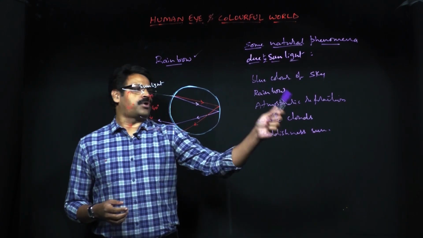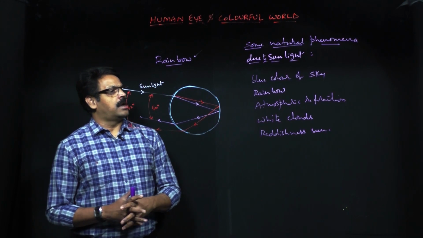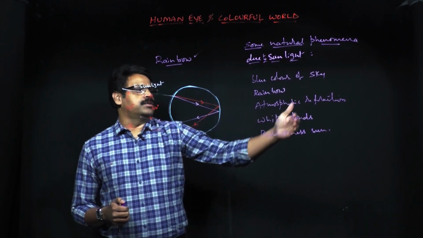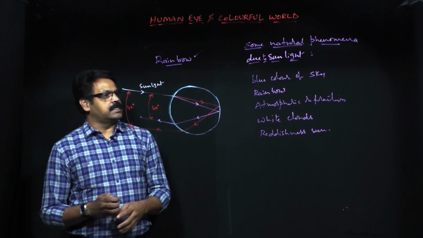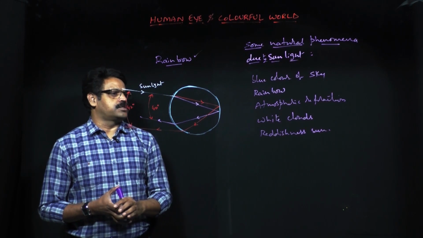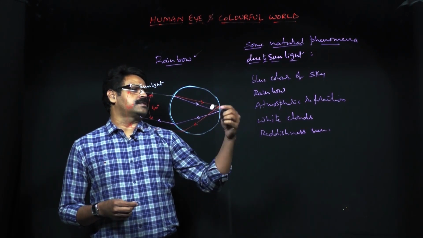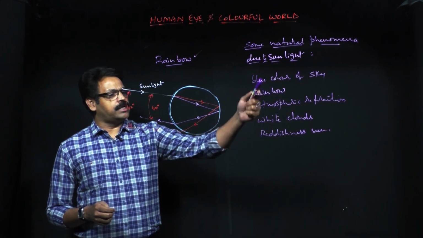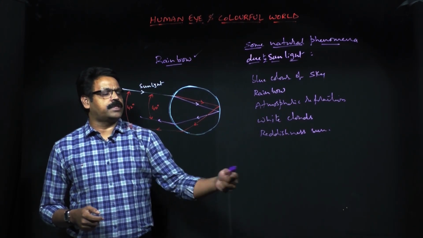The blue light has a shorter wavelength, so that gets scattered in greater directions, greater amounts. So whatever light is not much scattered can travel to longer distances. So here most of the light scattered is blue. That is the reason the sky appears blue. Likewise, you have the various phenomena, one after the other we'll look into.